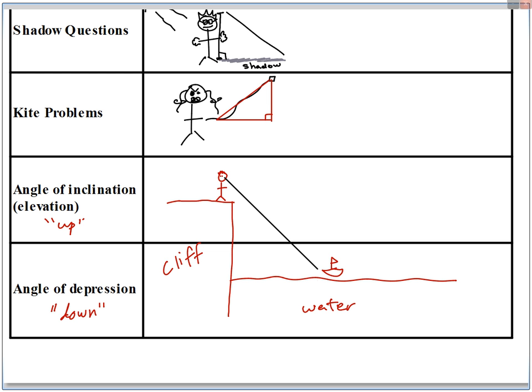Where's the angle of depression? How do you measure it? It's kind of weird at first. It's all about this horizontal line. It's measured from a horizontal. So here's two horizontal lines.